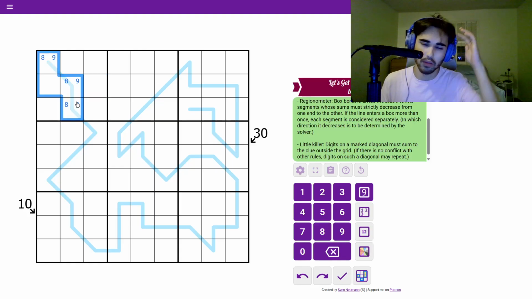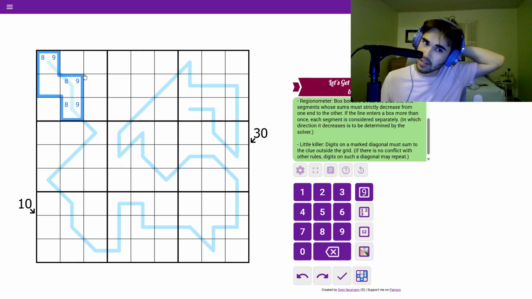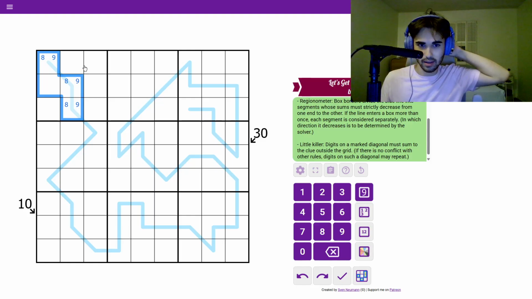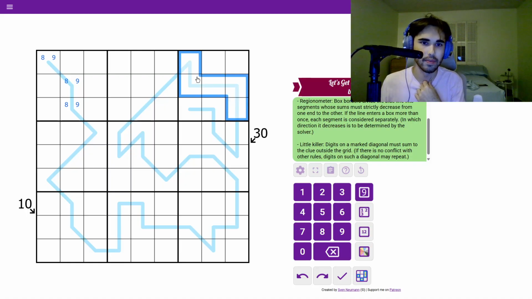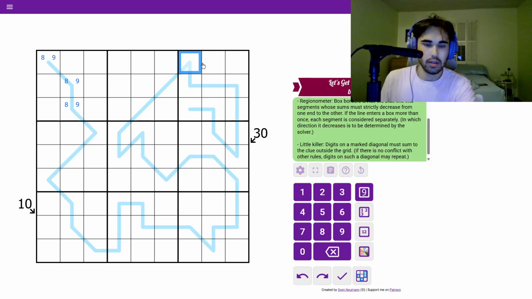So 24 or 23. Is there a way for me to prove that it's either one? I mean, if it's 23, then we're hitting 15 here. 1, 2, 3, 4, 5. Is that problematic? You know, it could be actually, because, yeah.